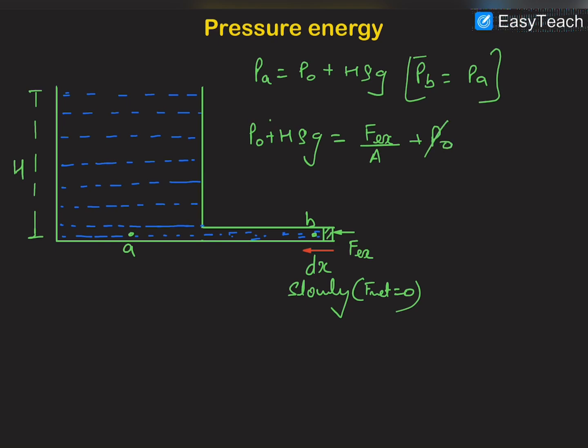Now P naught will be cancelled out and F external will be equal to h rho g A. So this external force is required to move this piston slowly inside the container.